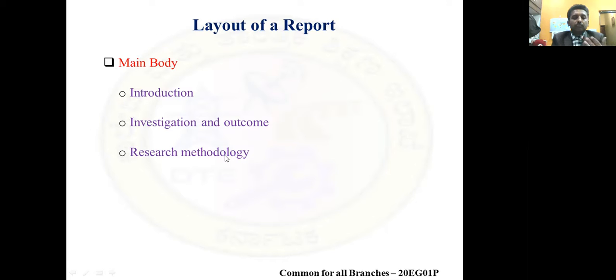So by various methods we have to gather the information. The information that is gathered must be noted down or recorded in a proper and correct format, so as to be clear in our expressions in the main body.